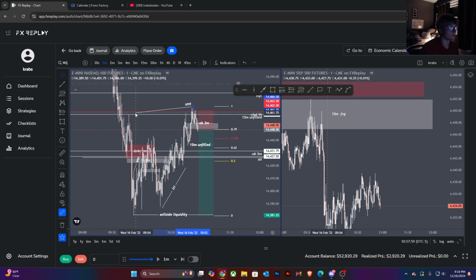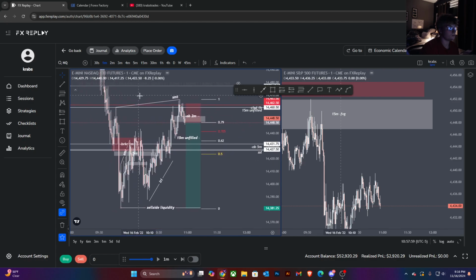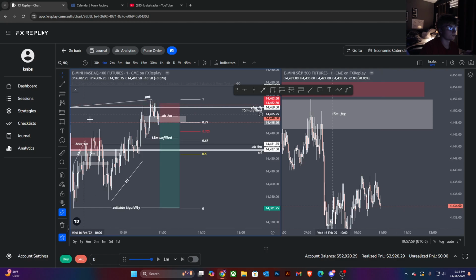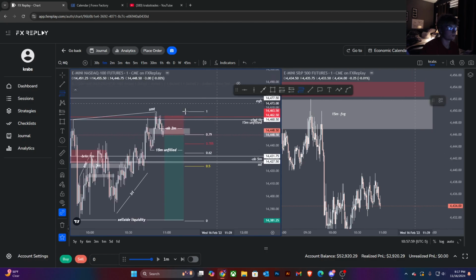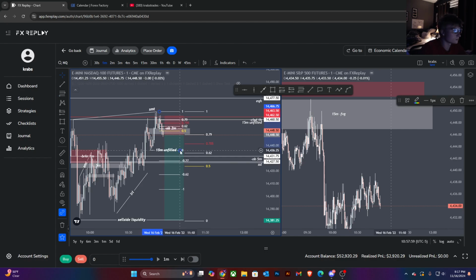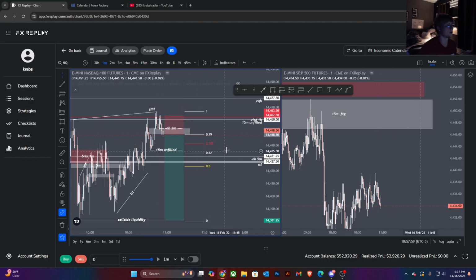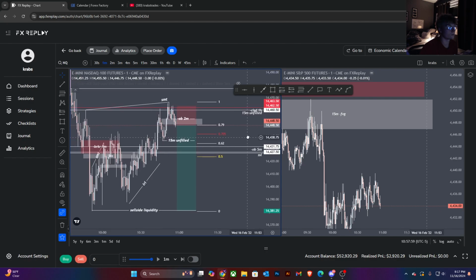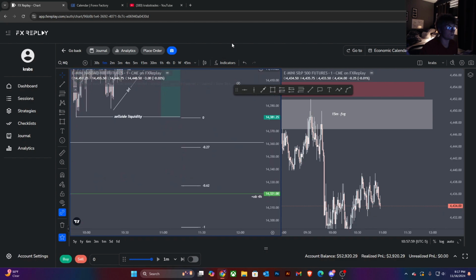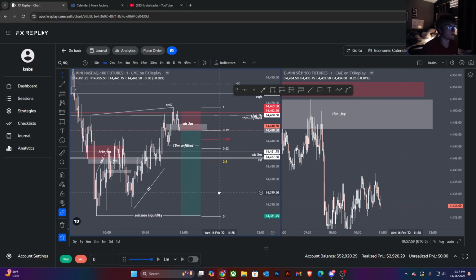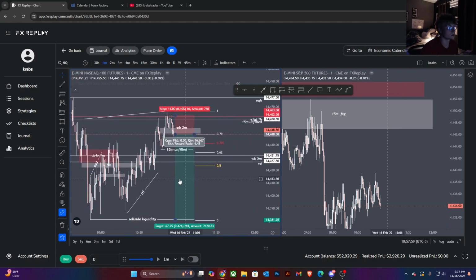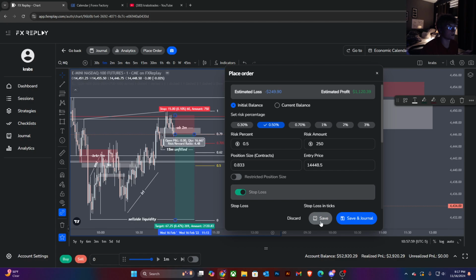This high here. Yeah, we'll try it. Also could target standard deviation, previous day low, draw on liquidity. But yeah, looks good. Let's place order.